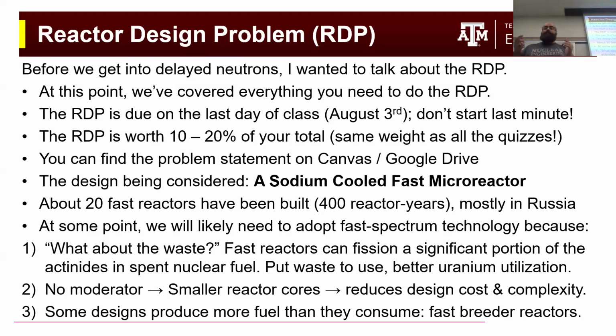And if we're struggling on the quizzes and if we struggled on that first exam, those will end up being on the low weights, but that means that everything else needs to be improved because those are the ones that are going to get the high weights. So the reactor design problem is a good way to secure a good 20% or so of your grade. And that's effectively the same weight as all of the quizzes. So that can definitely help balance out if you were struggling with those quizzes.